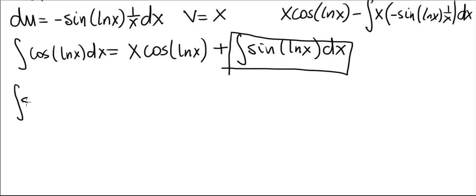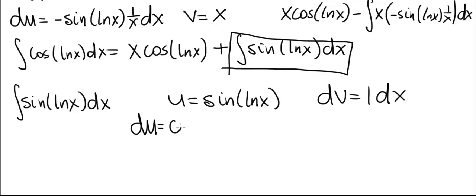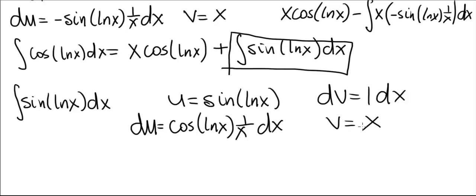So the integral of sine of ln of x, we're going to solve it by parts the same way. U is going to be sine ln x, and the dv will be 1 dx. So du is cosine ln x times 1 over x dx, and v is x.